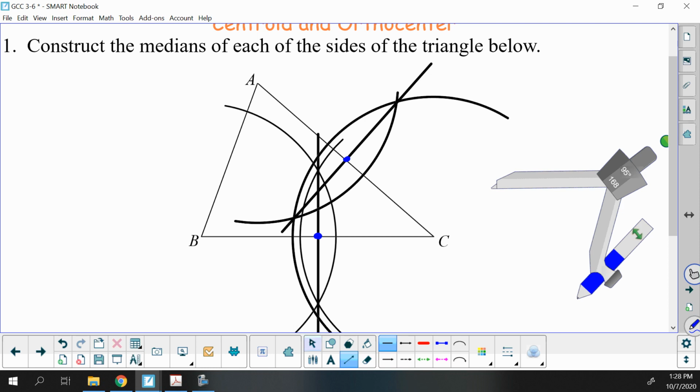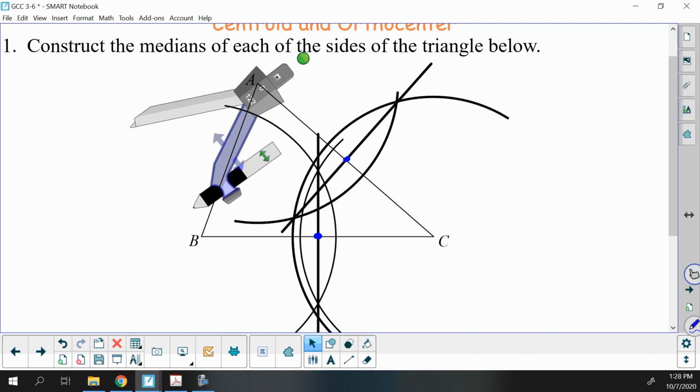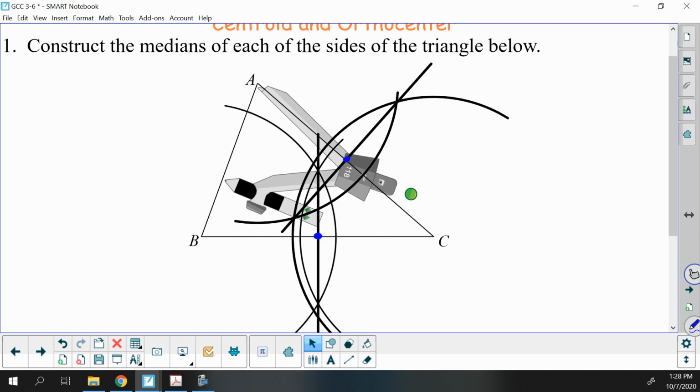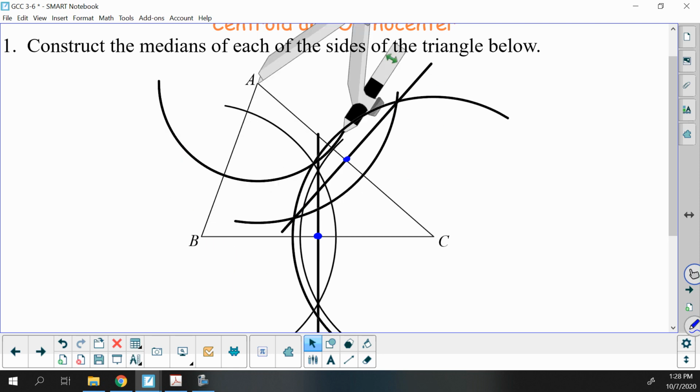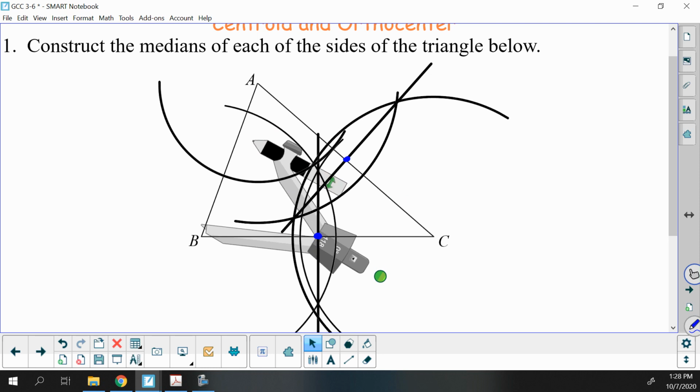Well, we have one more that we have to bisect. Put your point on the vertex, make sure you're over halfway. Swoop it up and swoop it down. Then we're going to reverse it.